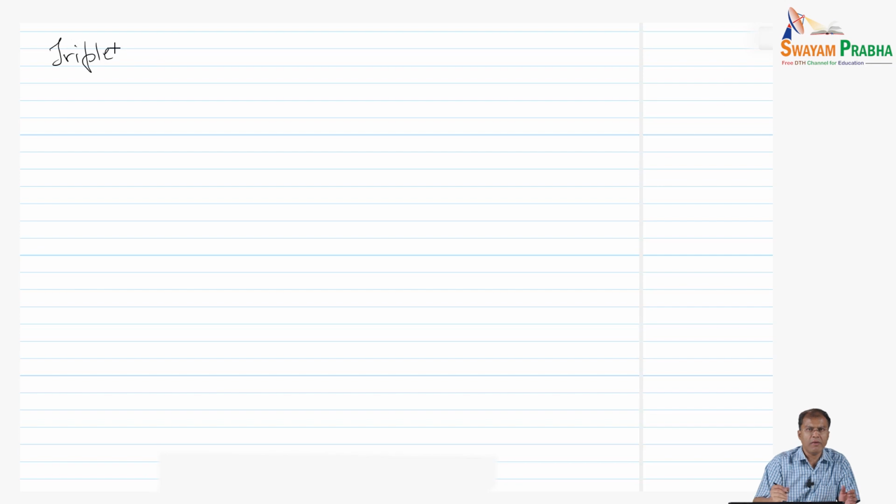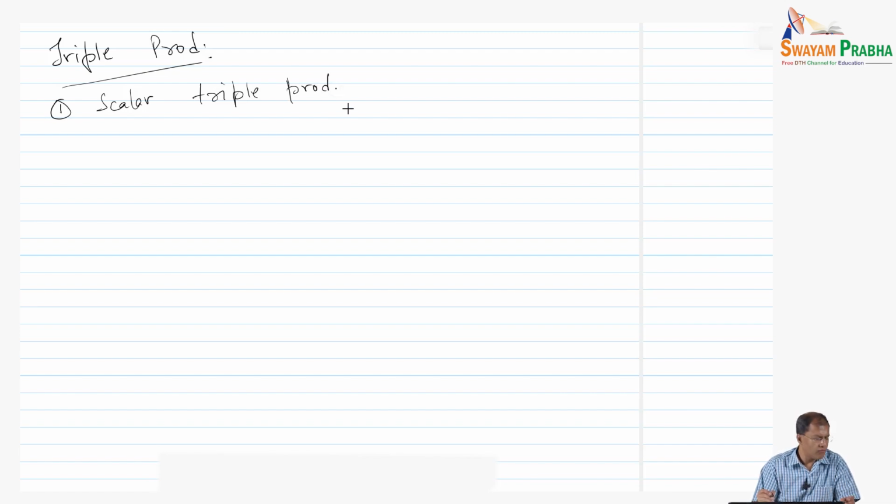Again, I am just recapping all these ideas because these are the ideas we don't want to come back to when we do the more complicated problems in the later modules. So the scalar triple product, or the triple product, will have the following properties.